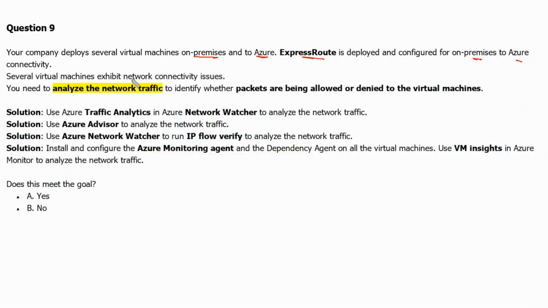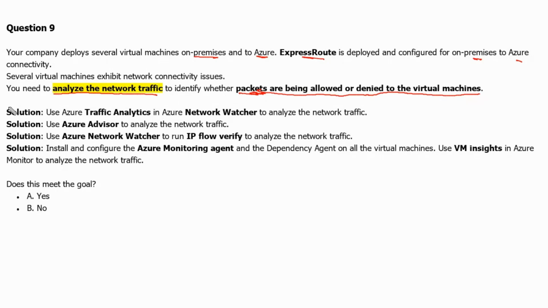Several virtual machines exhibit network connectivity issues. You need to analyze the network traffic to identify whether packets are being allowed or denied to the virtual machine. So this is the keyword for this question.